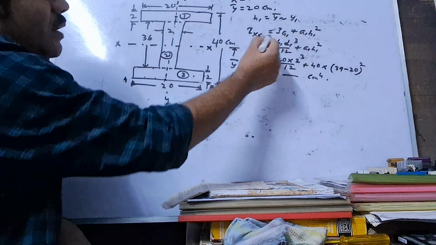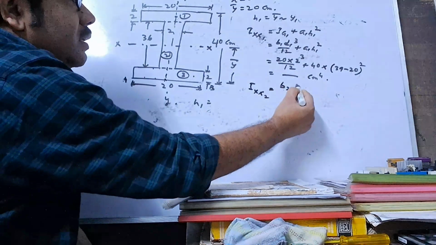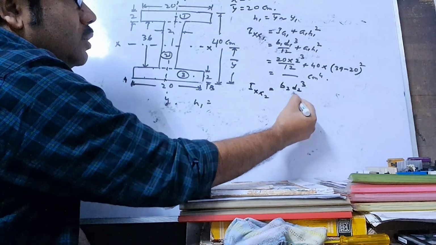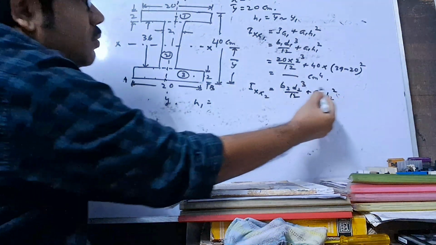Similarly, we have to calculate IXX2, and the equation is B2 D2 cube by 12 plus A2 H2 square.